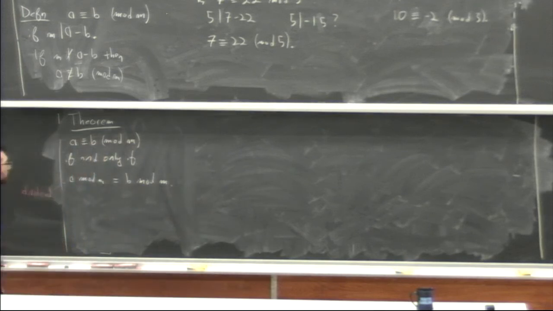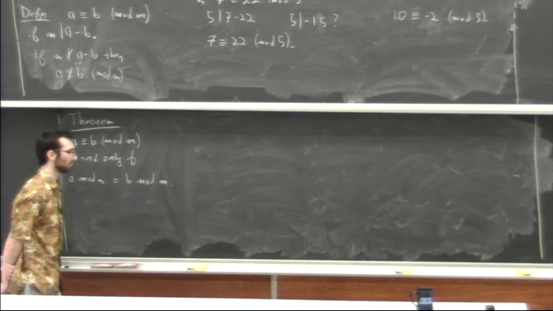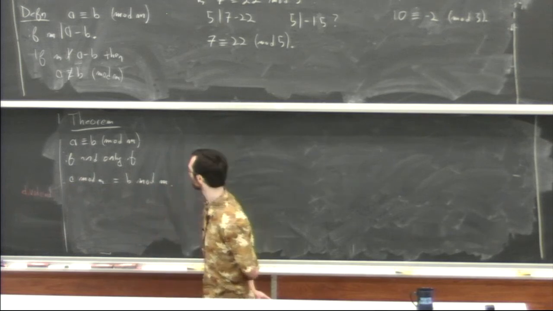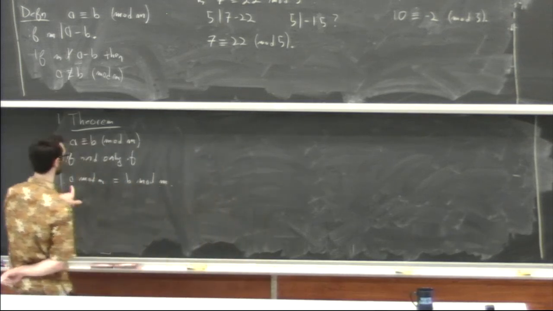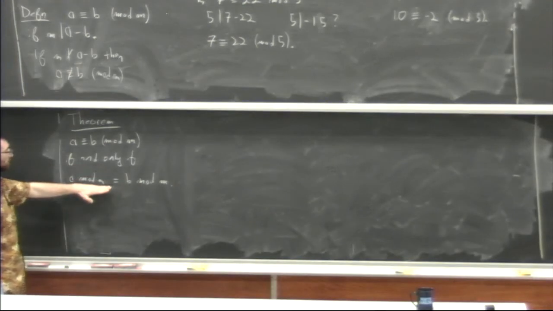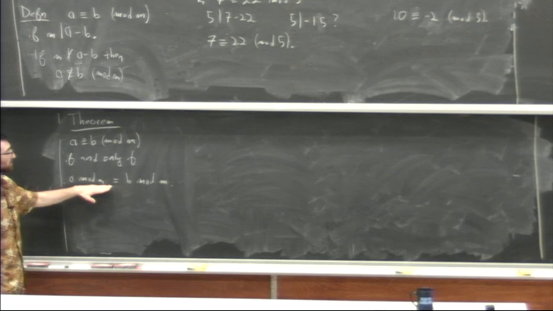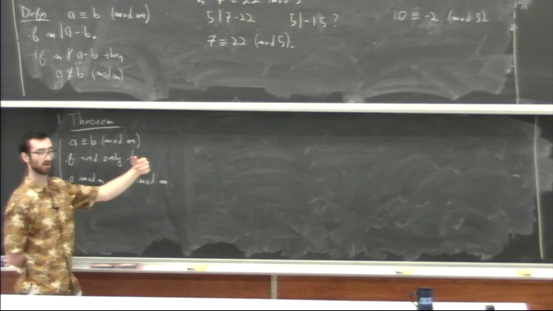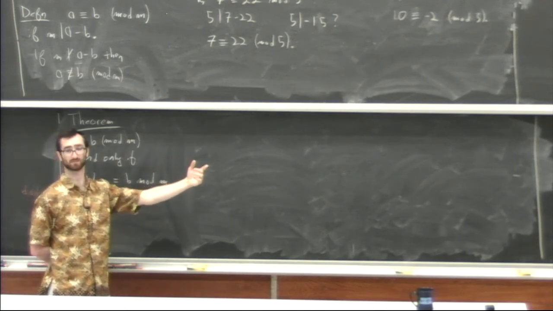I want to point out something here, because there are two ways that we're using modulo M, and they're very closely related, but slightly different. When I put one number modulo M, this is a function. Here I'm treating mod M as a function from Z to the numbers 0, 1, 2, 3, all the way up to M minus 1.